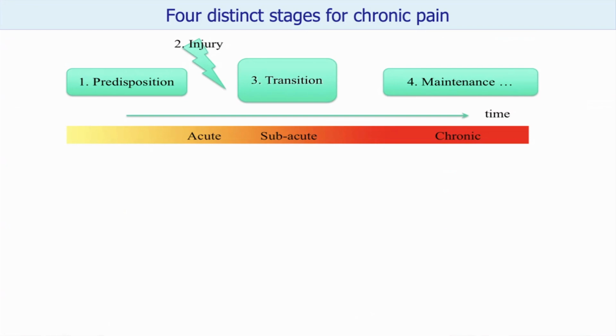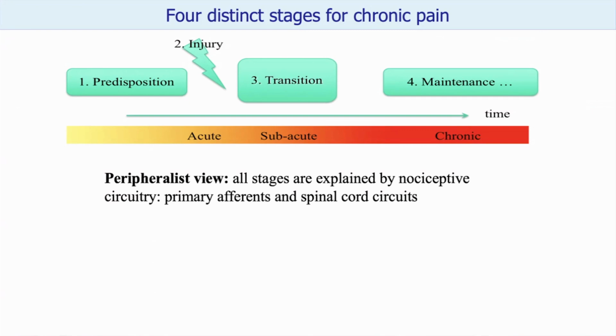This is the overall concept that we have been pursuing for underlying mechanisms for many years. A person who insists that nociceptive afferent information is necessary and sufficient for pain perception, at all stages, would still believe in this concept, but they would explain all the stages as being driven by primary afferents and their reorganization, and primary afferents and their interaction with the spinal cord circuitry and its reorganization as being sufficient.